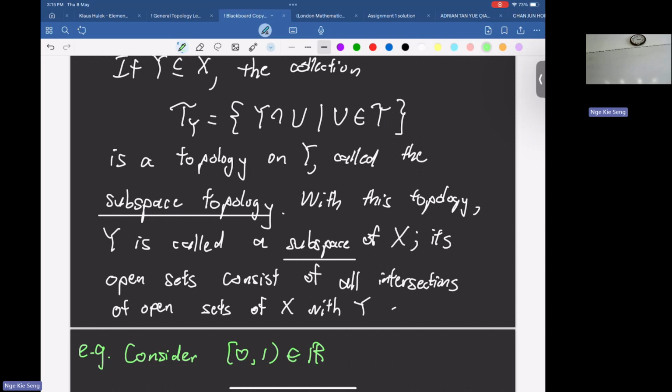If I don't specify any topology, it's just the Euclidean topology. So if you look at this half open interval here, is it open or not? Actually, it's not open in the Euclidean topology.